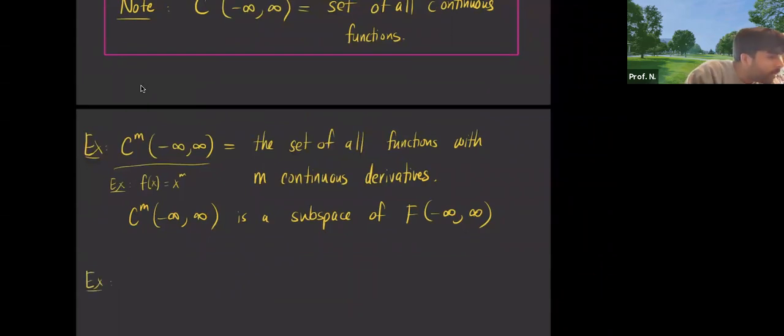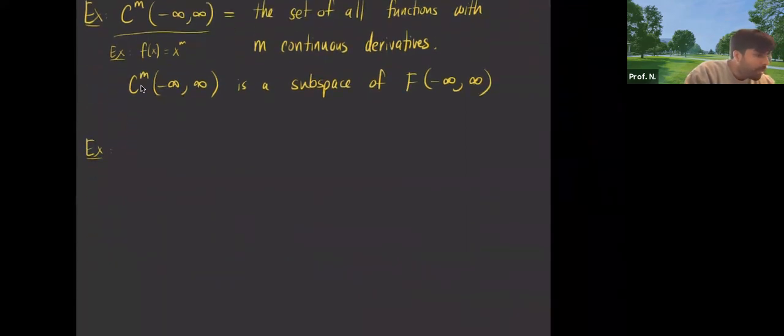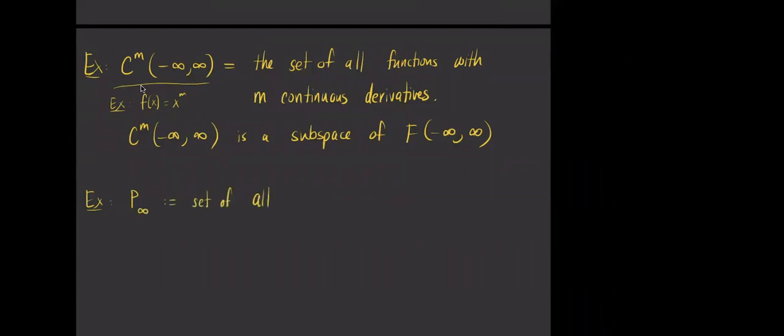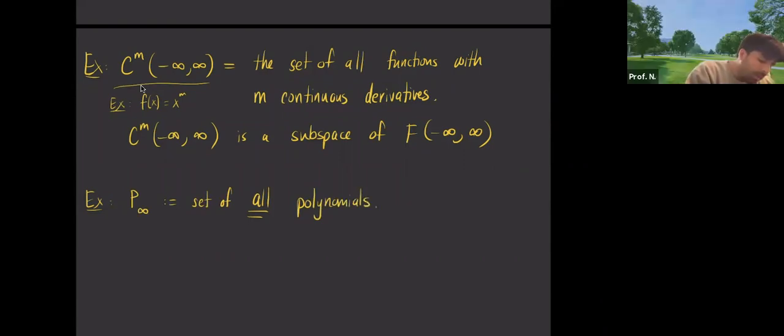And then we have this polynomial space, the set of all polynomials. So P sub infinity is the set of all polynomials. And just recall what a polynomial is.